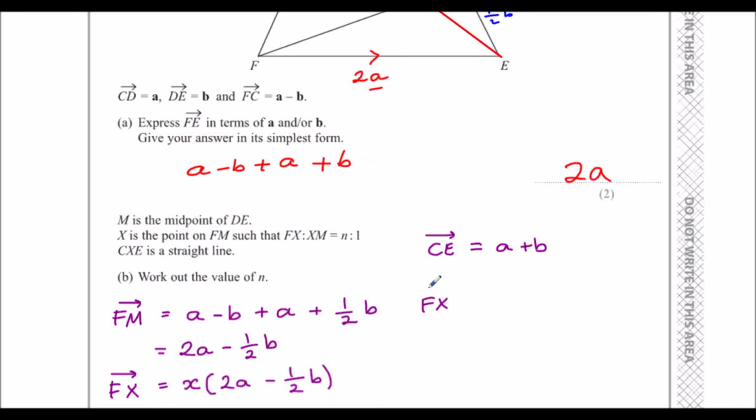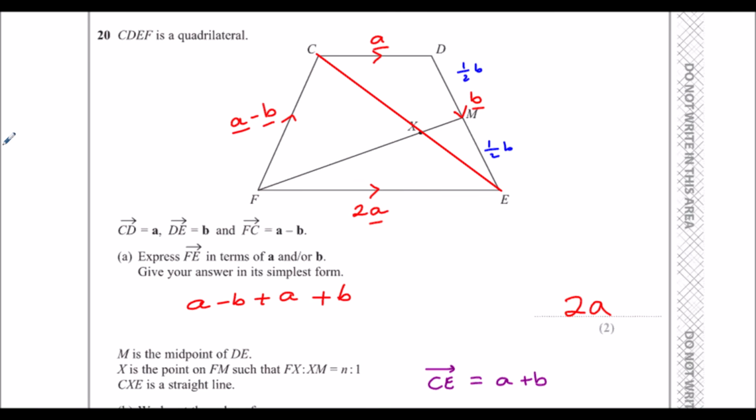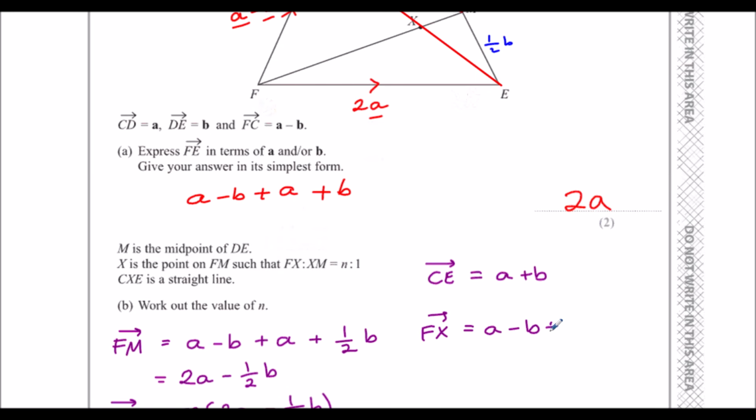F to x is a minus b. And then it's part of the way from c to e, a fraction of c to e. So I'm going to use another letter. I'll use a y. So y times a fraction of c to e, which is a plus b.